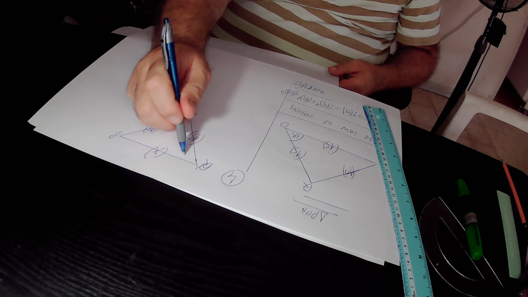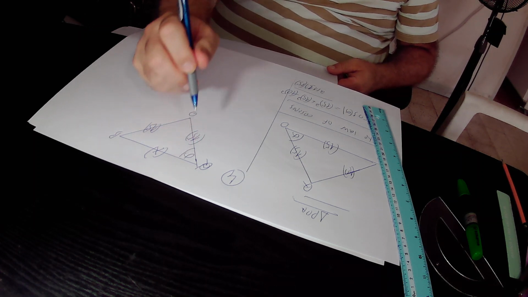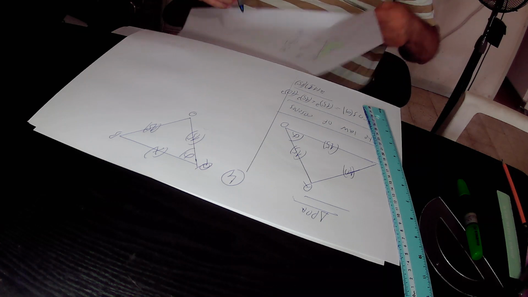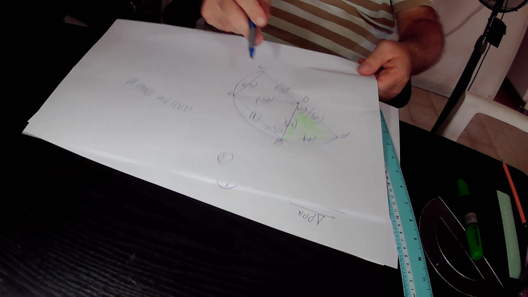This is again alpha. So copy this right triangle QOB here.